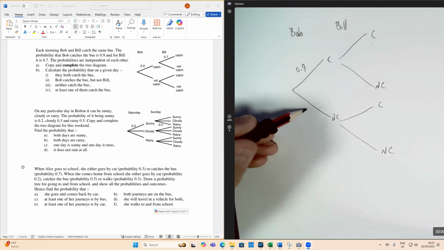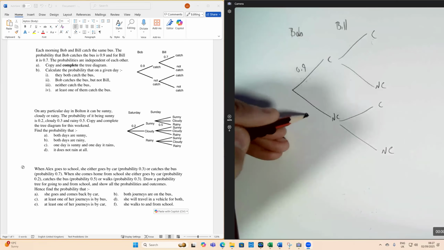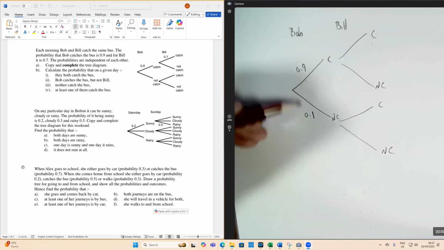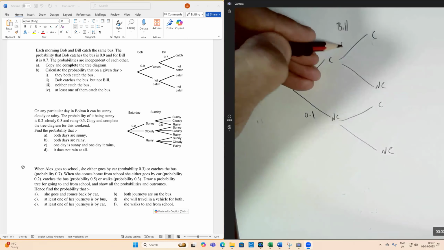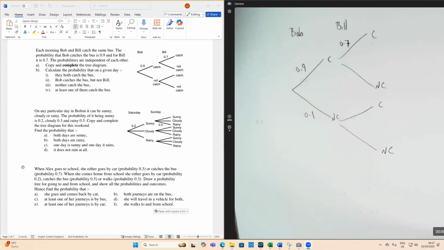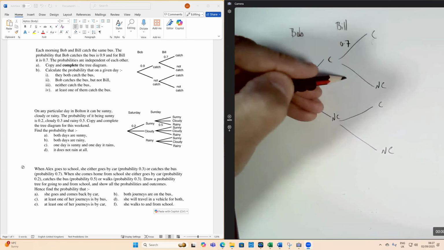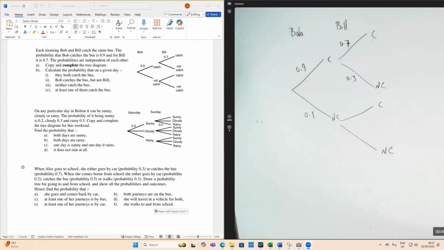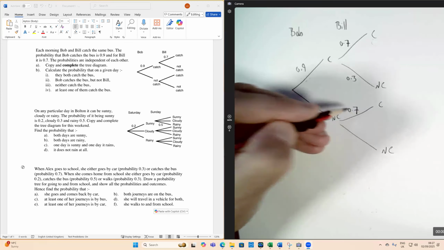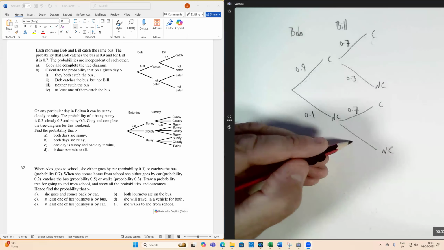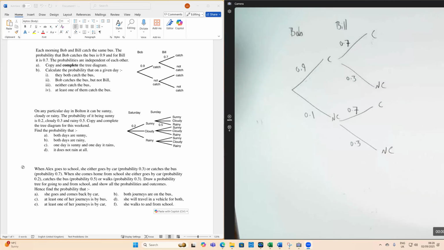So therefore, the probability that Bob does not catch the bus is 0.1, because these probabilities need to add up to make 1. Over here for Bill, we have a probability of 0.7 that Bill catches the bus, which means that it is 0.3 that Bill misses the bus.